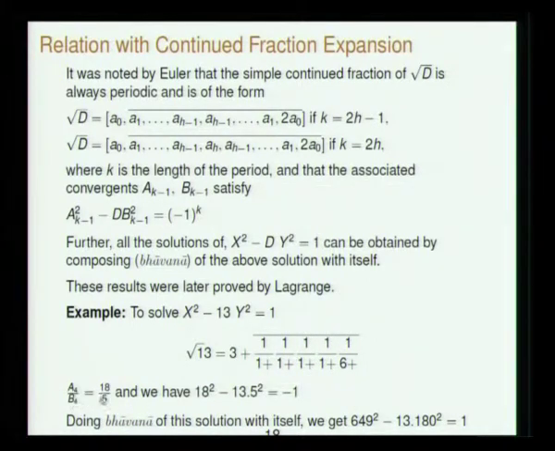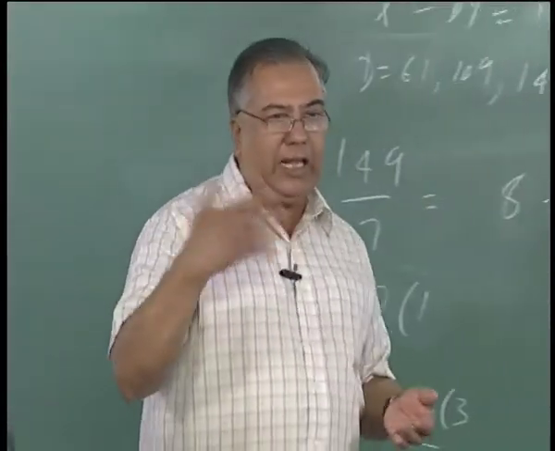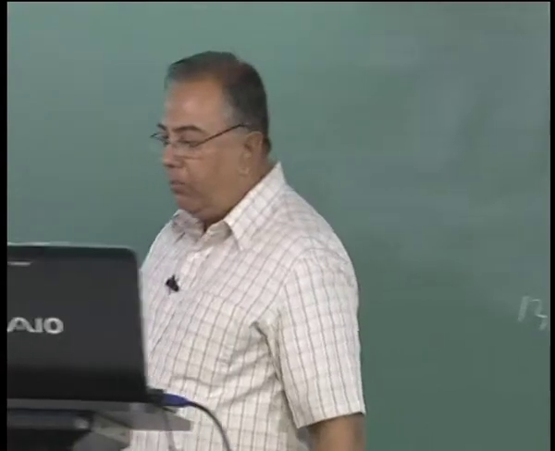Then you will have A4 by B4, which you can see to be 18 by 5. In fact, we saw this solution yesterday while discussing the equation x squared minus 13 y squared equal to minus 1. The solution by Bhaskara was also this 18 and 5. Now doing bhavana of this with itself, you will obtain the solution for k equal to 1. So this is the Euler method, or we can call it the Euler-Lagrange method. Lagrange wrote down all the proofs.